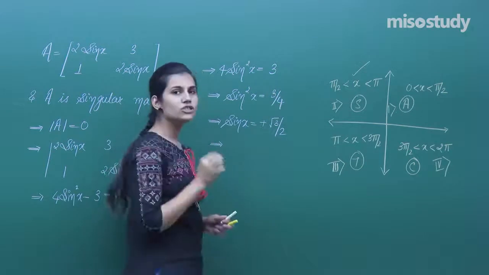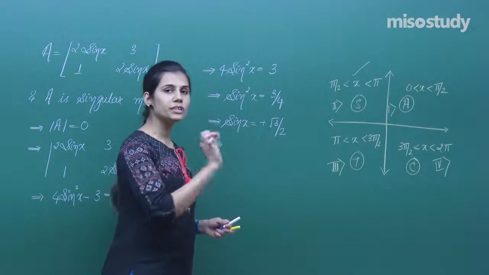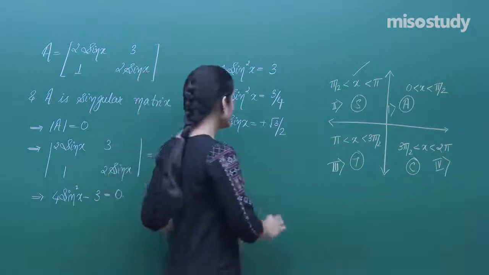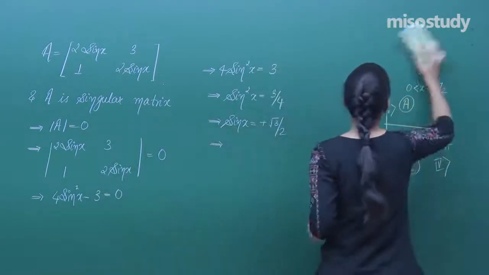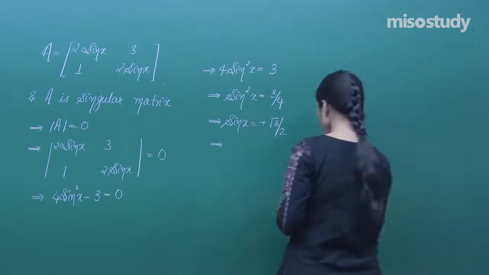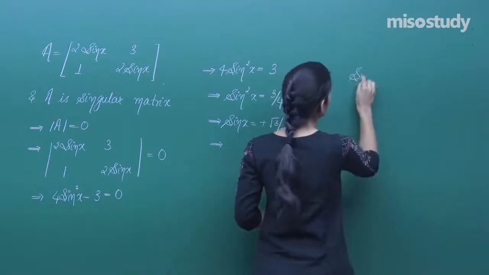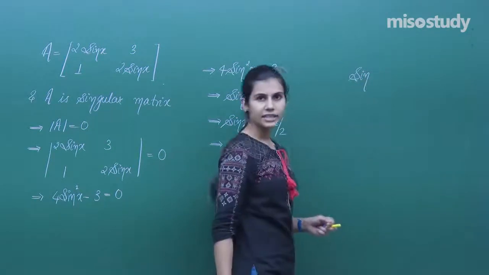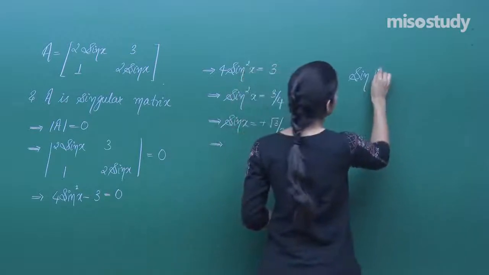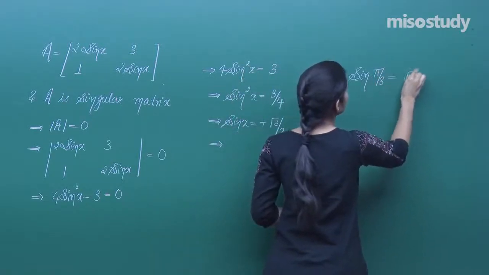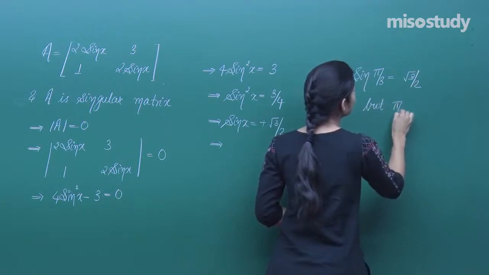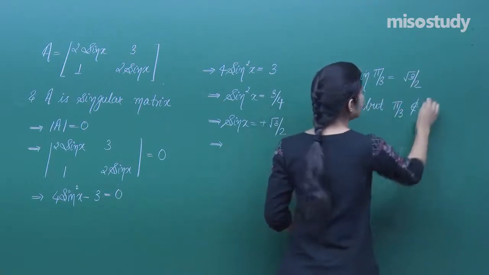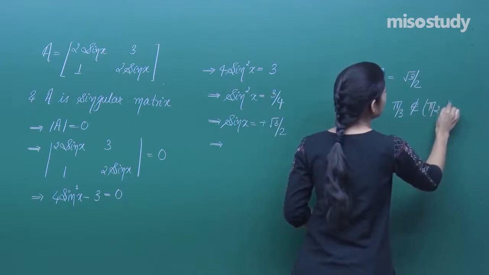Now sine of which angle lying in the second quadrant is root 3 by 2? By the table that we learned for sine and cosine ratios in our 10th standard, we all know that the sine ratio of 60 degrees is root 3 by 2. That means sine of pi by 3 is root 3 by 2. But pi by 3 does not lie in the second quadrant.